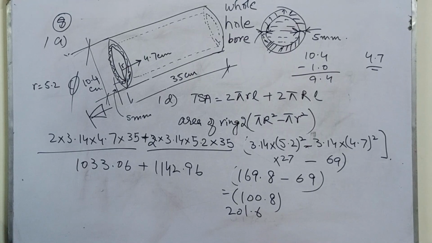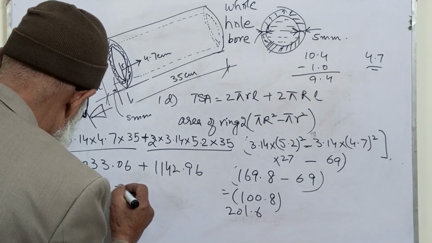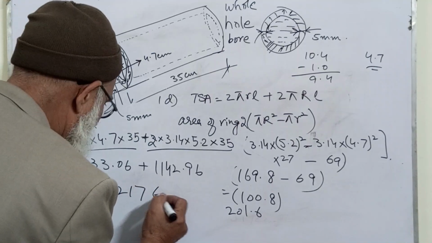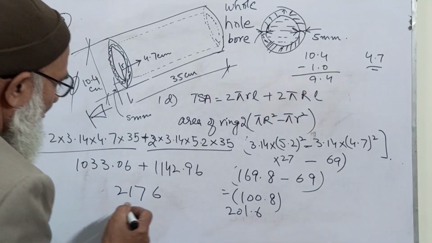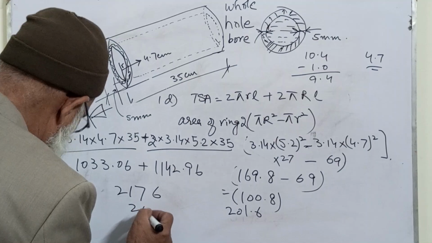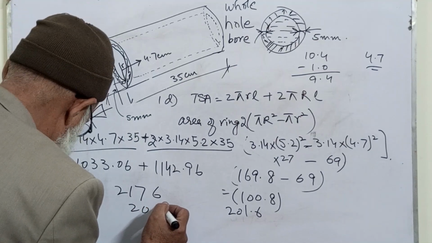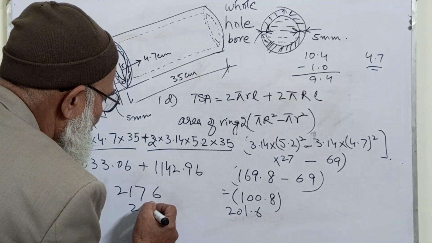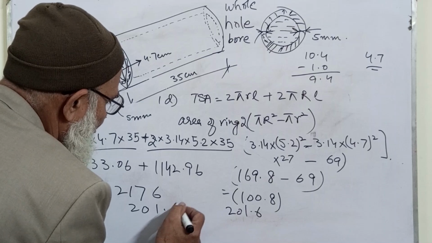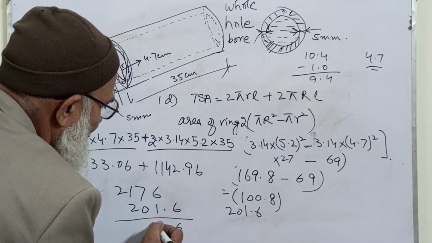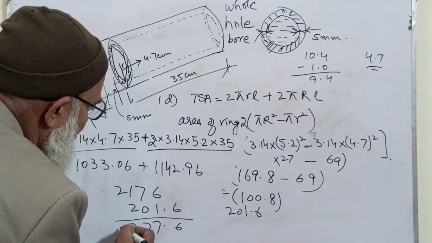Okay, we'll add these two to become 2176. Okay, and plus this 201.6, 773.